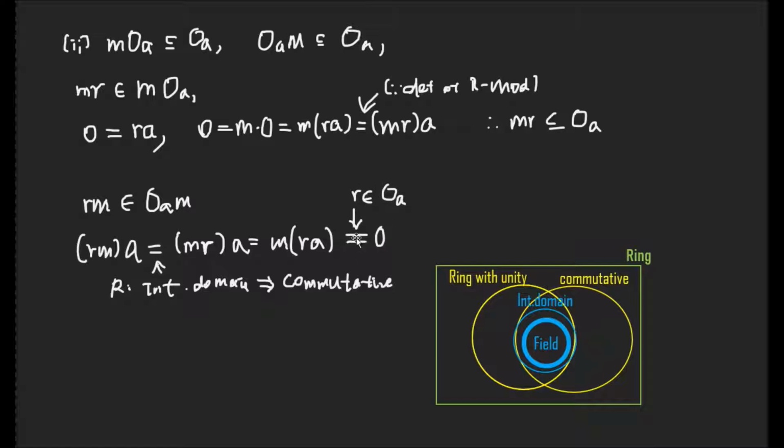More precisely, because r is contained in O_A, this is clearly 0 and this is 0. So we can calculate r m A is equal to 0. So r m is an element in O_A.